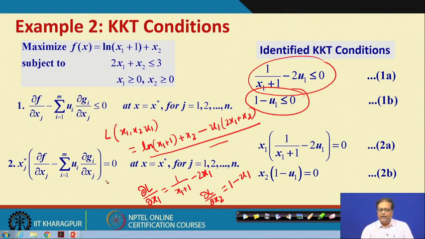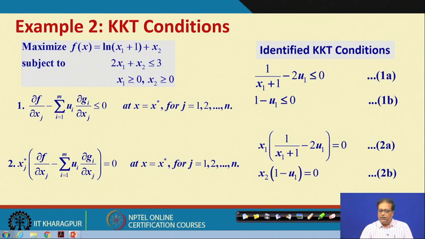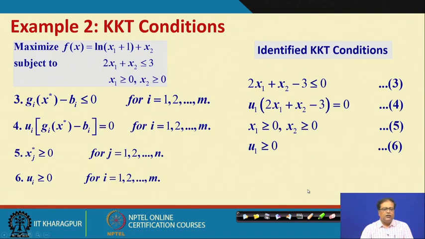From this we find x1 into this term, and x2 into this term, they are equal to 0, is it all right. So, this is how the second condition can be obtained also, that is x1 into this and x2 into this. The third condition can be obtained from the constraint itself, right. So, what is the constraint itself?